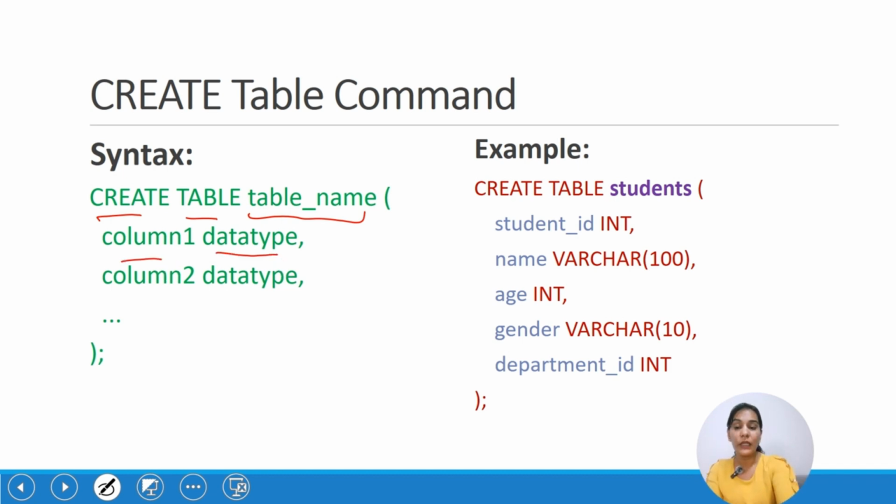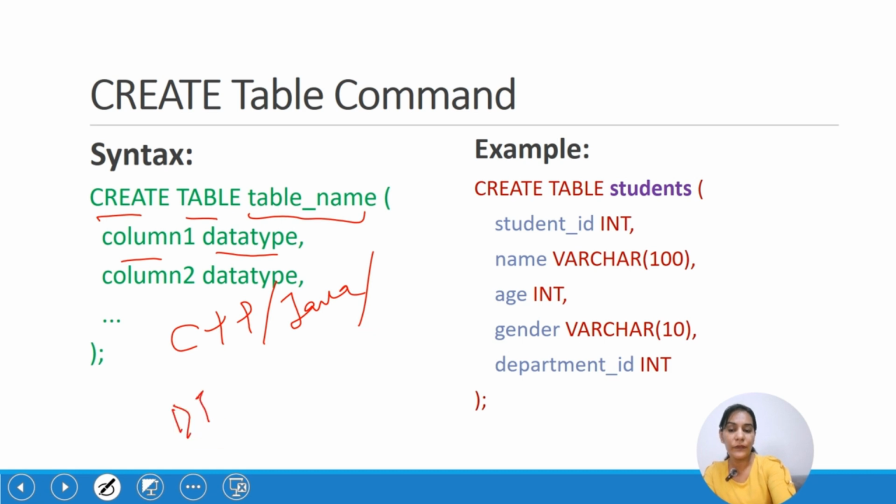If you remember, when you have done C++, Java or any Python language, you first write the data type, then the variable name, then semicolon. For example, I want to declare an age variable. I will write int age. So I first mention my data type, then the variable name.